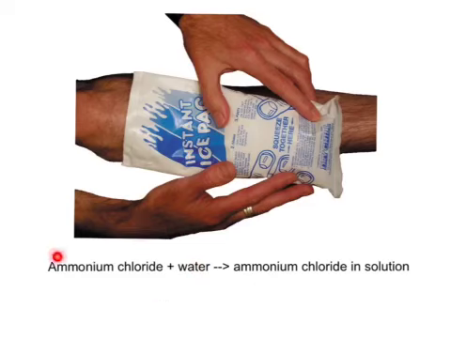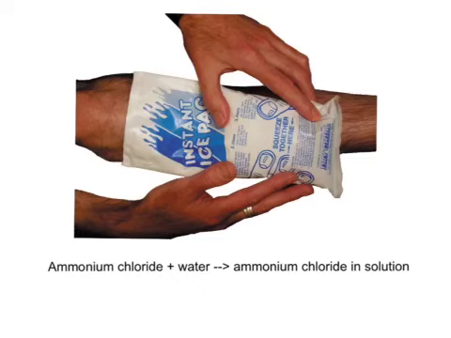So it sucks in heat from the surrounding areas in order to create this ammonium chloride solution. So it feels cold, it actually sucks in heat from your leg, say your leg is swollen or whatever else, and it's having a lot of heat.